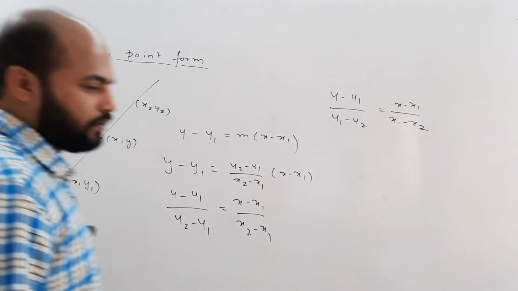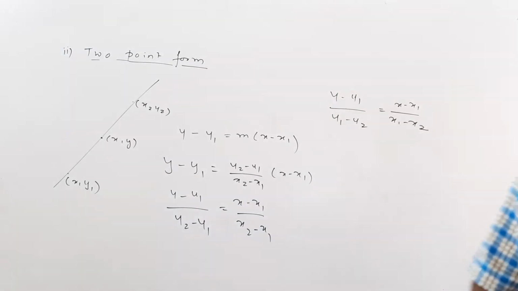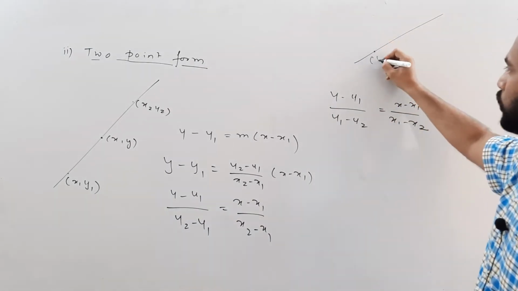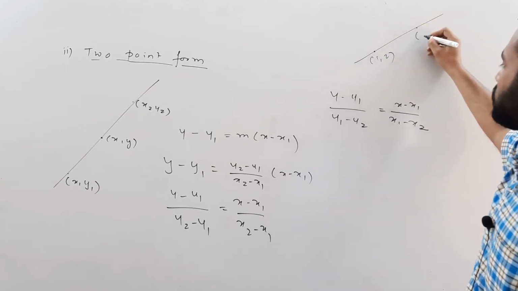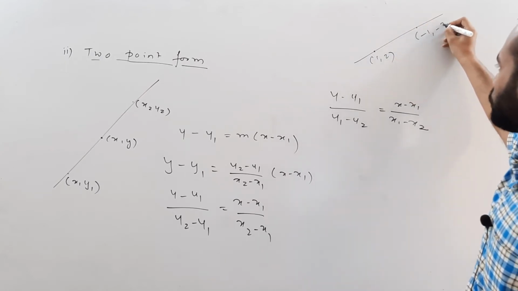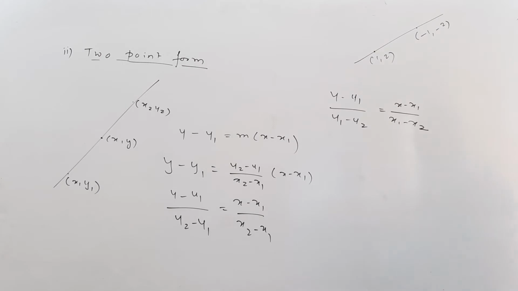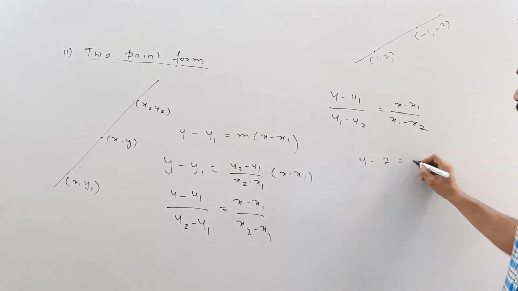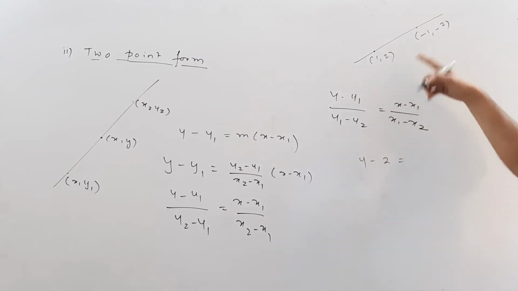Now let's quickly take a basic example to understand the application. Let's say that the 2 points are 1 comma 2 and minus 1 comma minus 2. So y minus 2 is equal to the slope. What's the slope of this line?